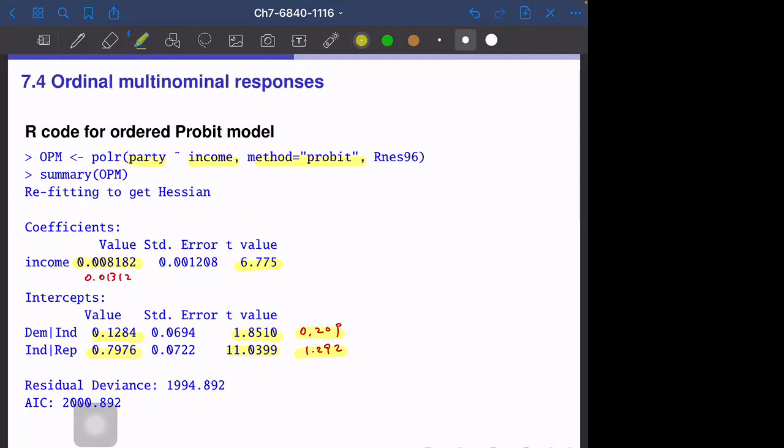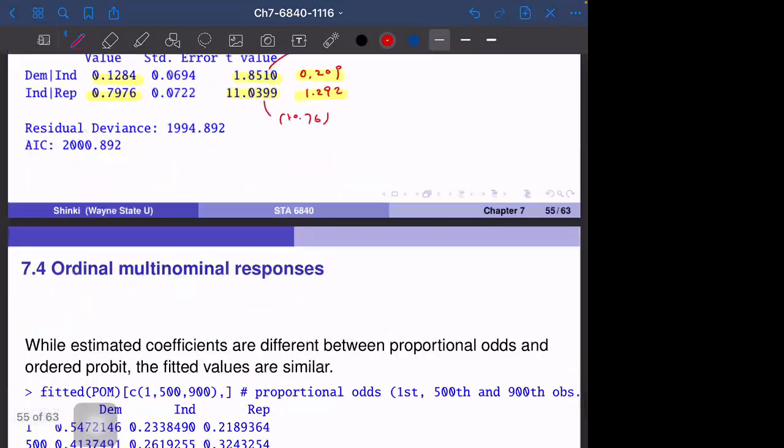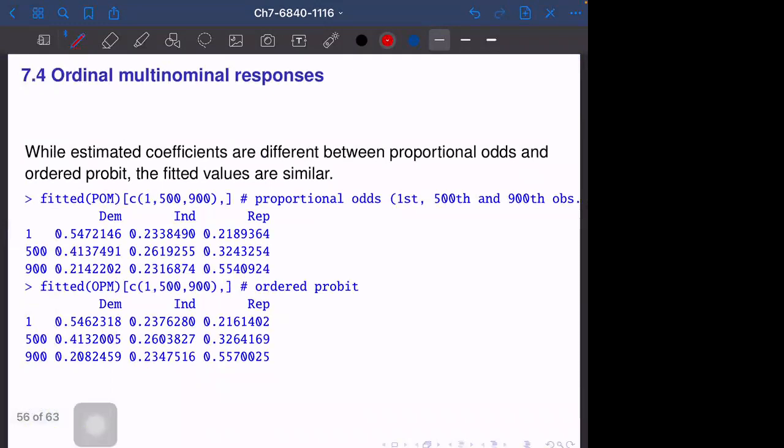Previously they were 6.54, 1.86, and 10.76. So essentially it's similar. And if you calculate the fitted values of the two models, the proportional odds model and the ordinal probit model, these are similar.